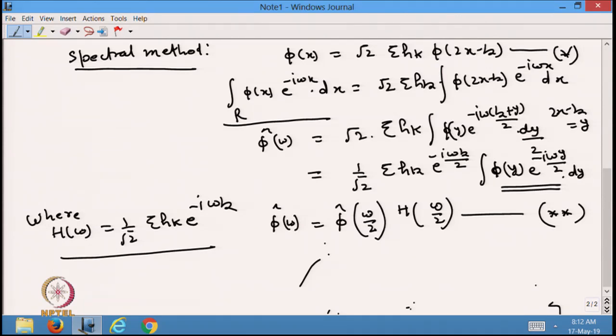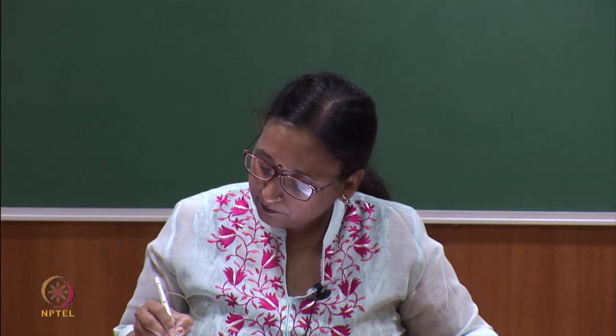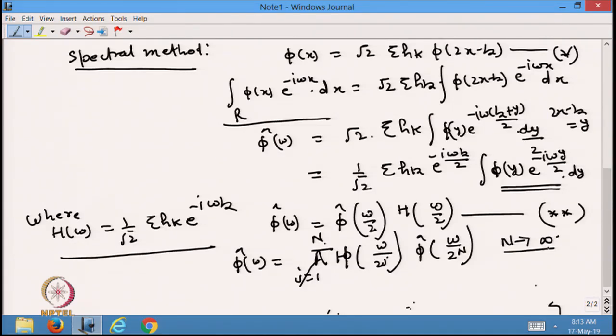Now, I will keep iterating this way. So, phi hat omega will become a product of h terms, and then phi hat of omega by 2 to the n. Now, if I take n tends to infinity, I have to make sure that this product converges.